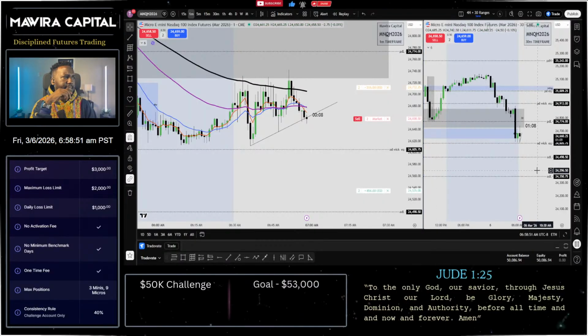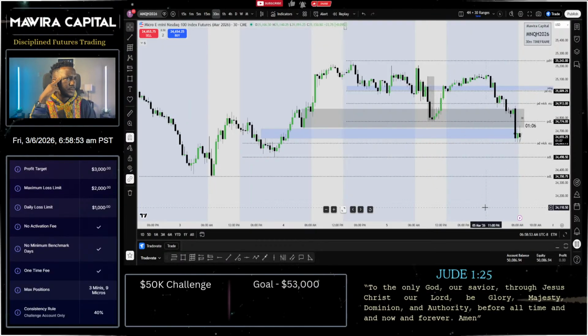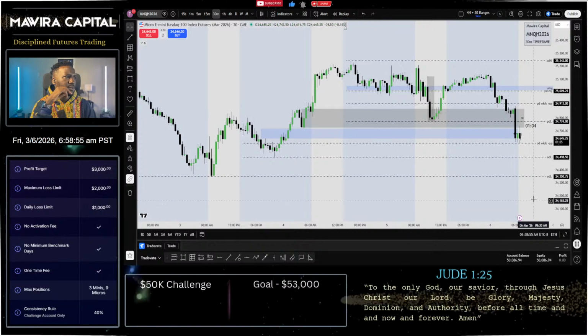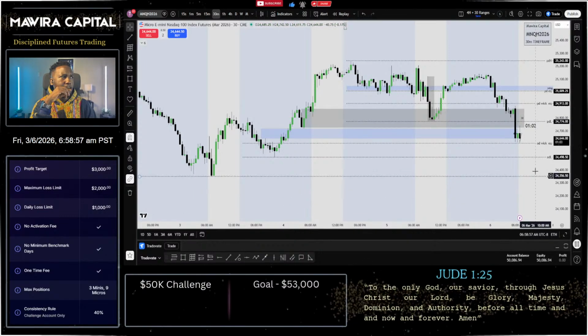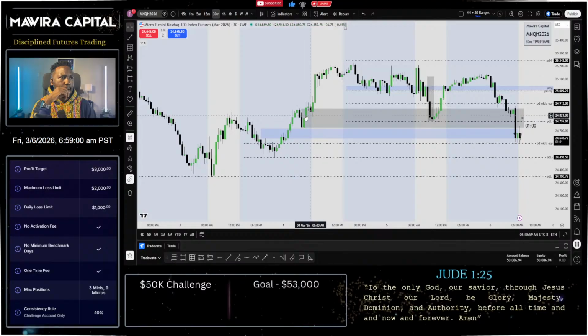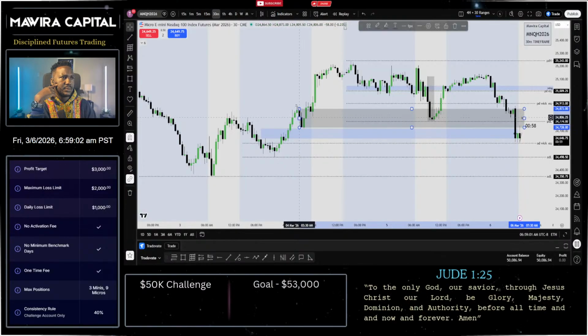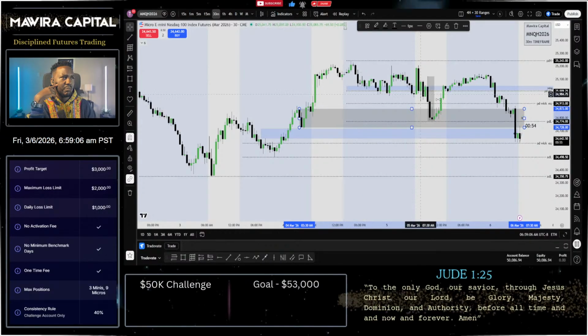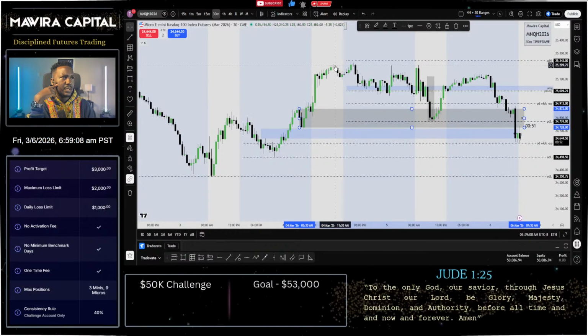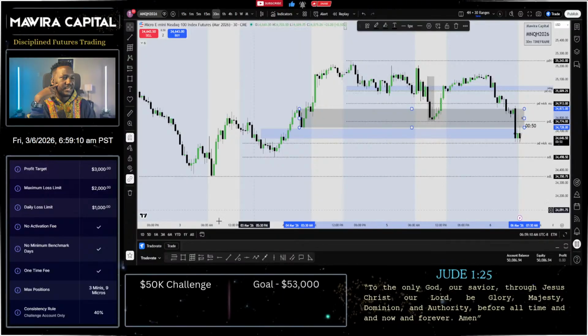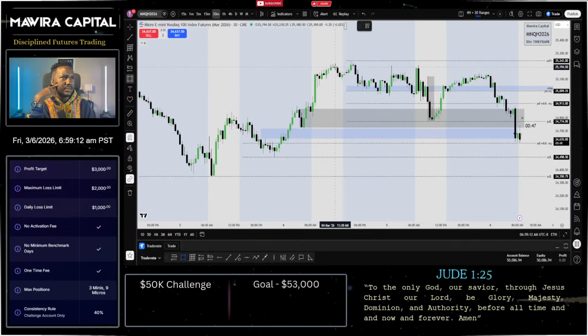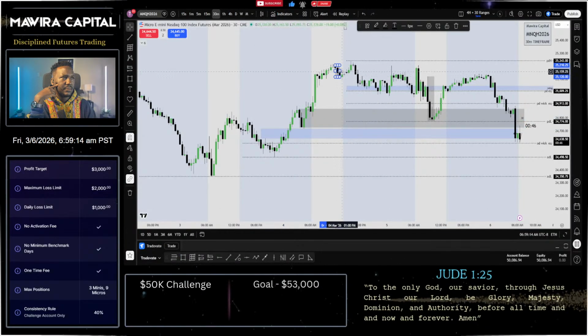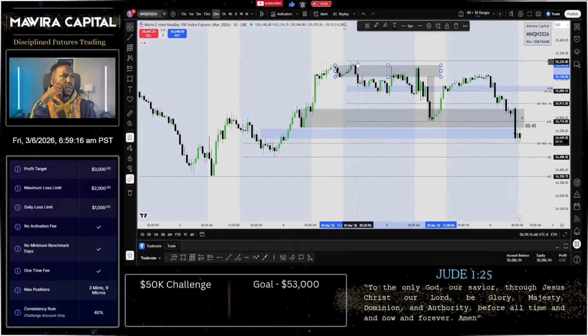So yeah, I think that's a zone I could use. See if we can get some moves to the downside. That right there, the last two down candles before this move to the upside. We had one here that was used nicely. But look at that. Lower high, lower low.